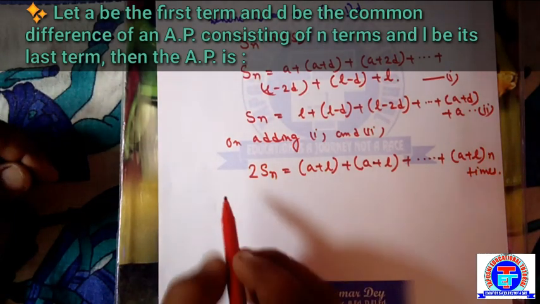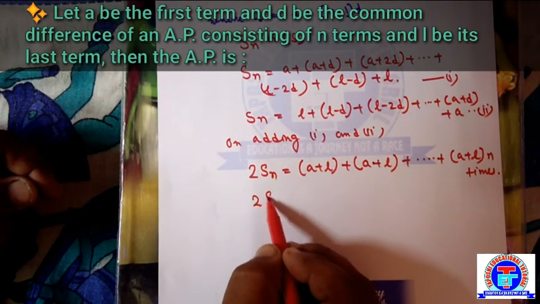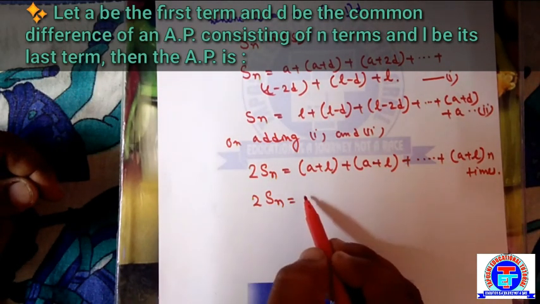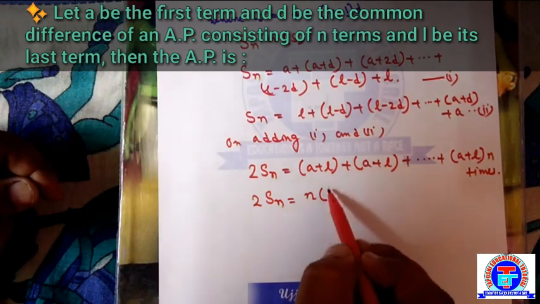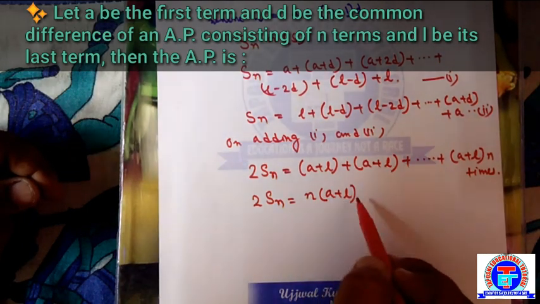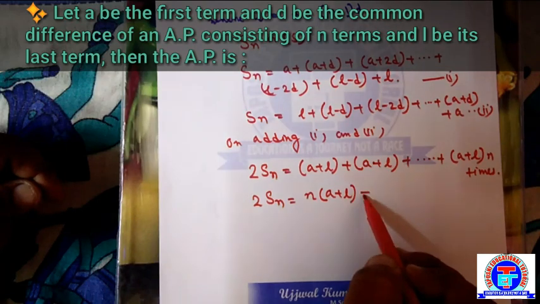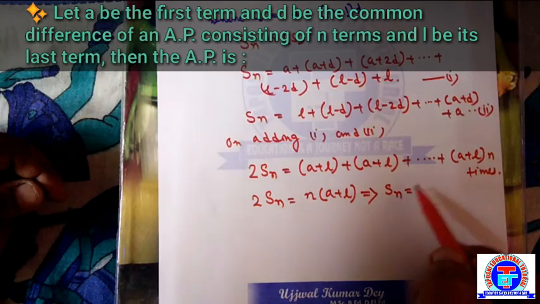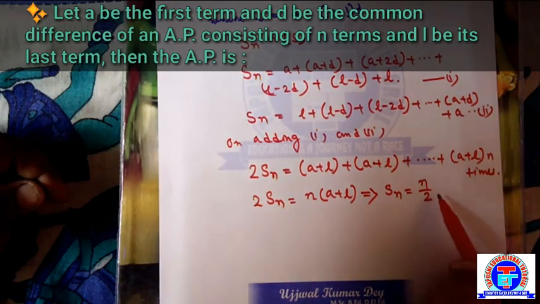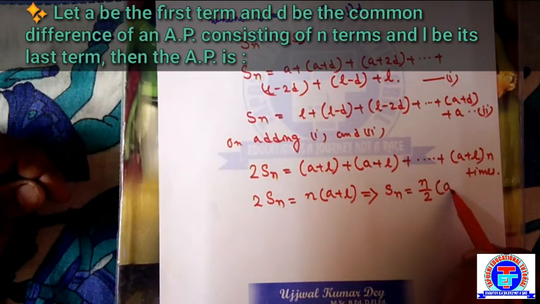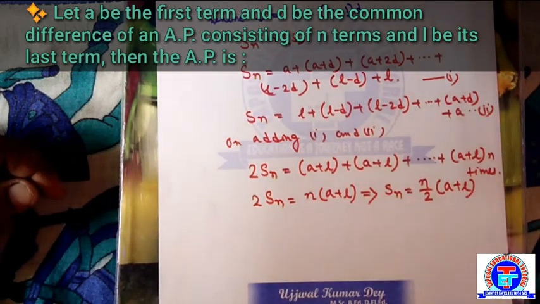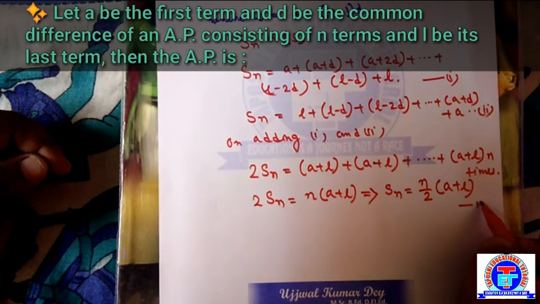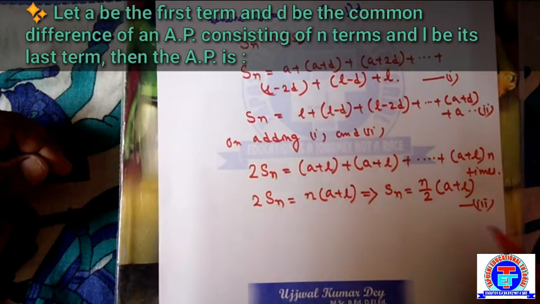Now we can also write here 2Sn is equal to n into (A plus L), which implies that Sn is equal to n by 2 into (A plus L), right? And this is equation number 3.